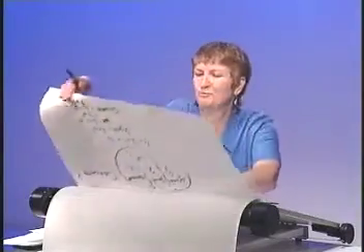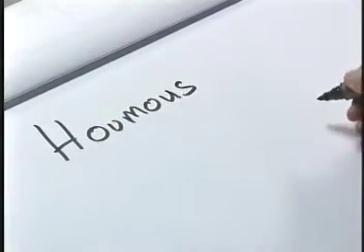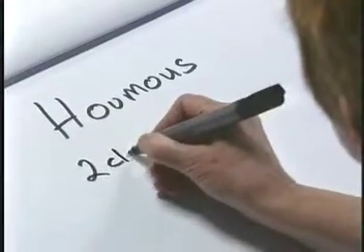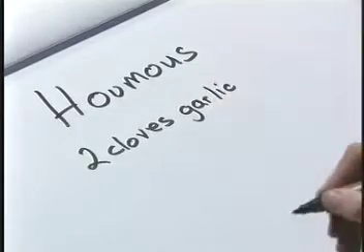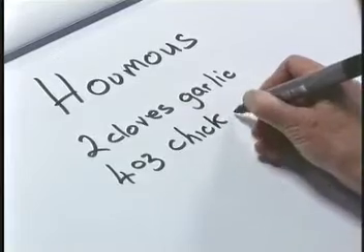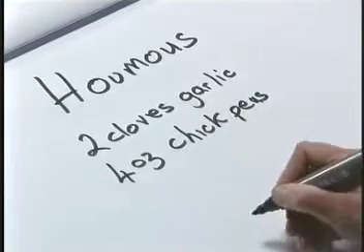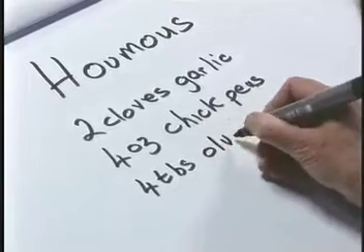Here's another ratio problem involving ingredients. But this time, the ingredients are to make the Greek food hummus. It's usually given as a starter, and there are 4 ingredients. 2 cloves of garlic are combined with 4 ounces of chickpeas and 4 tablespoonfuls of olive oil.